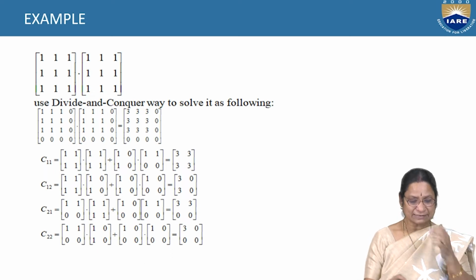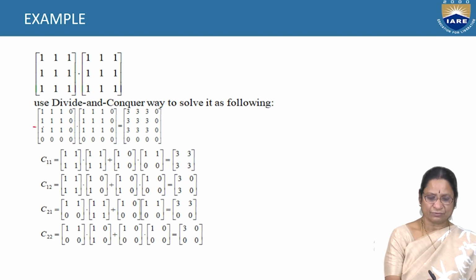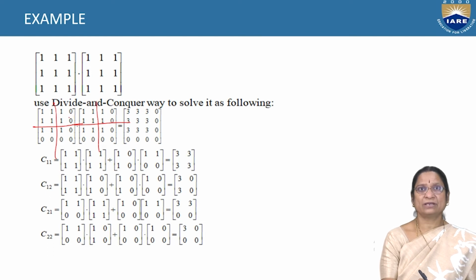When we are doing this, you observe here our C11 is equal to a sum of products and we have to divide, no? So now we are dividing like this. This is A11. Previously I have shown A12, A21, A22, B11, B12, B21, B22.